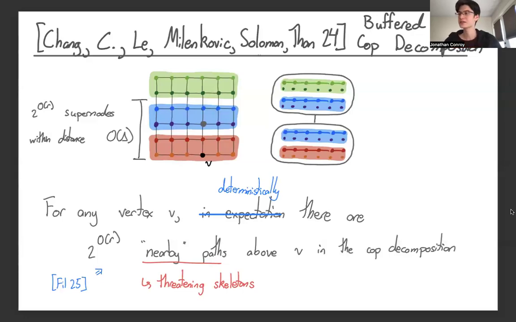Arnold used this to construct better sparse covers for minor free graphs. But this doesn't really help us to try to get log R padding because there's still 2 to the R threateners. Even though we've improved from expectation to deterministic, the number of threateners is still exponential. And so this only gives us O of R padding.